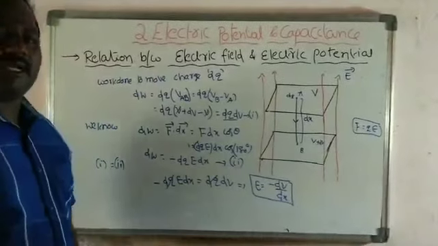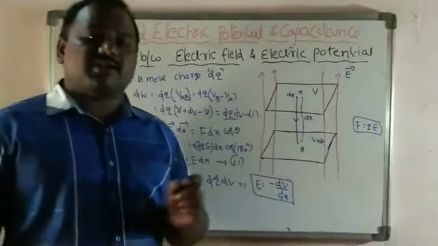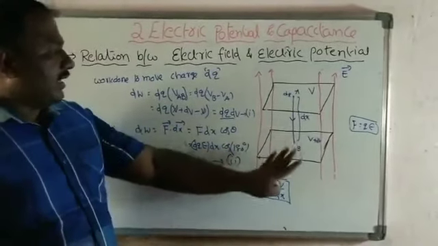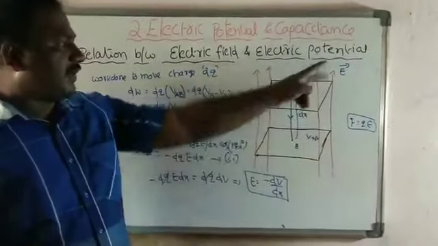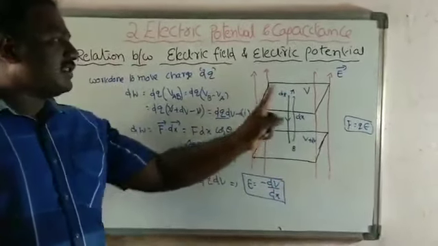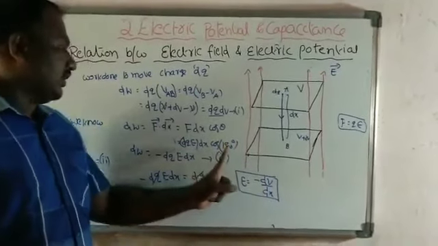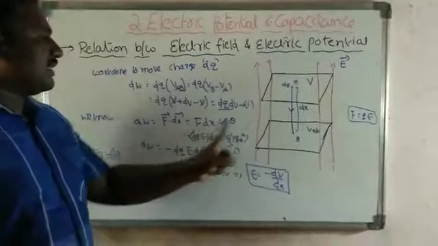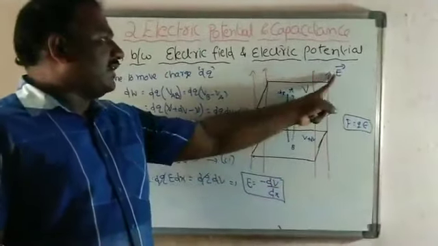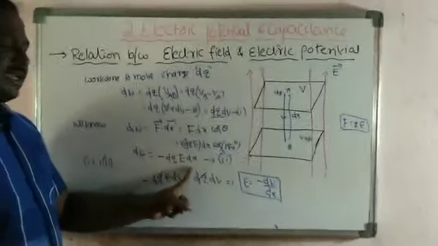That is equation 1. The second equation: we already know the general formula for work done is F bar dot dx bar, that is force into displacement. Here the force is due to the electric field, and displacement is dx. Force and displacement are at 180 degrees to each other, so the angle is 180, where force is charge into electric field, with electric field E and charge dq. Substituting, we get the second equation.